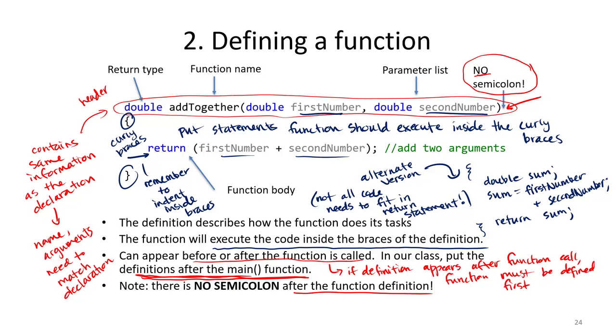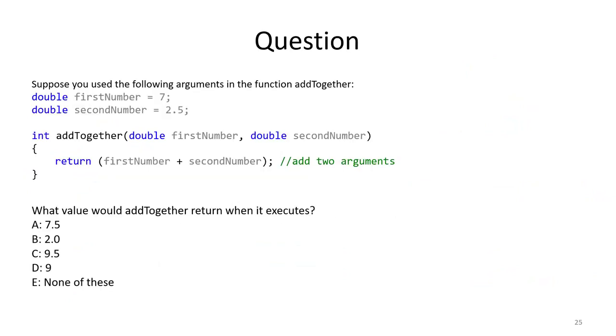Let's go ahead and try another practice question. So here we have our add together function. And suppose that we have these values. First number is 7, second number is 2.5.